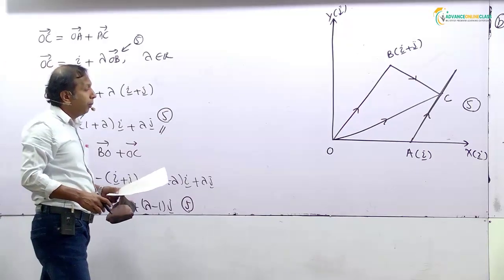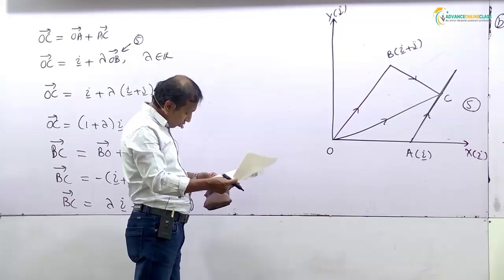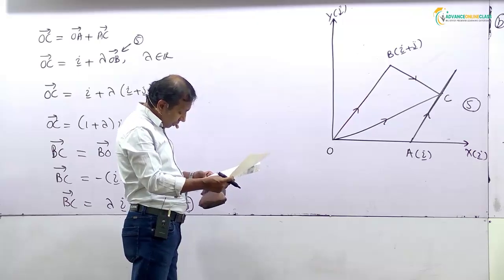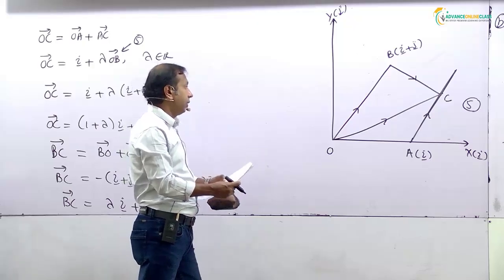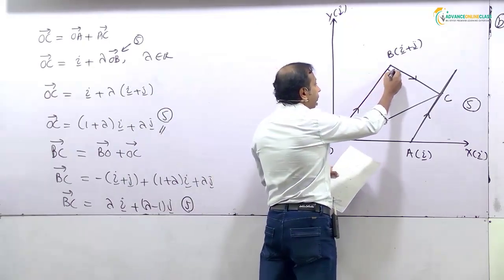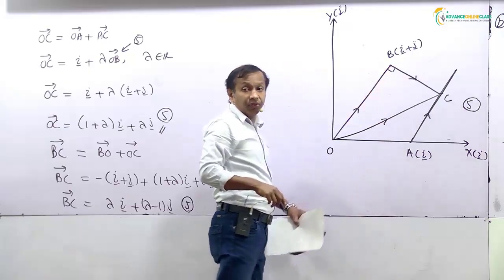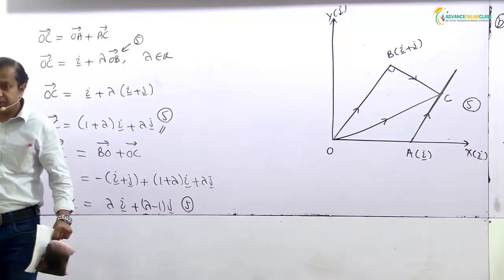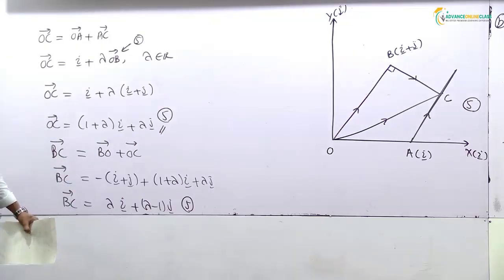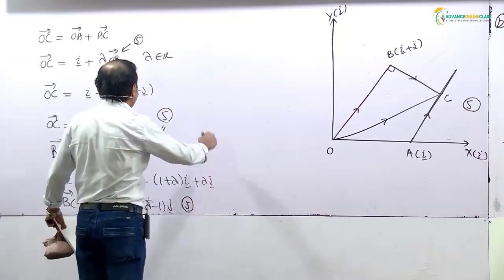Right. Now we need to find lambda such that OB is perpendicular to BC. All right, here 90 now. OB perpendicular to BC means when two vectors are perpendicular, we know the dot product is 0. Right. The dot product of the vectors is 0.